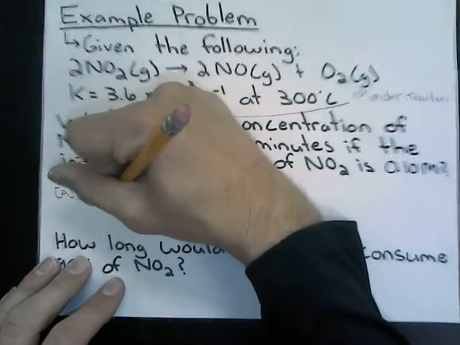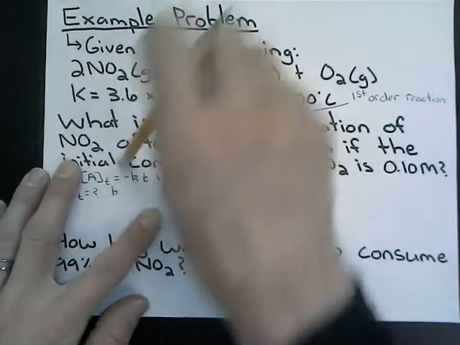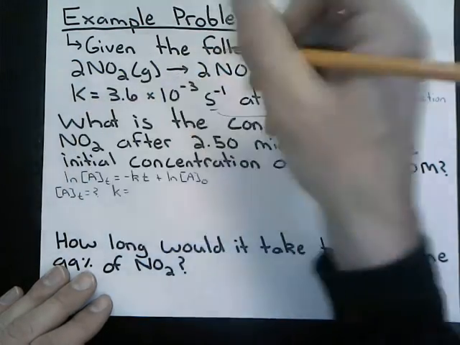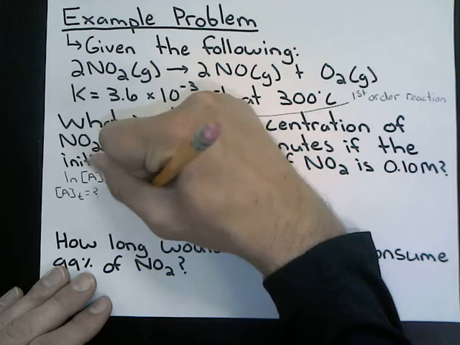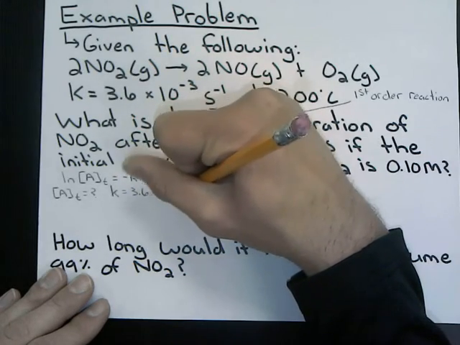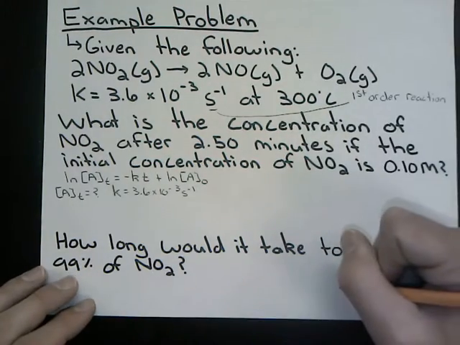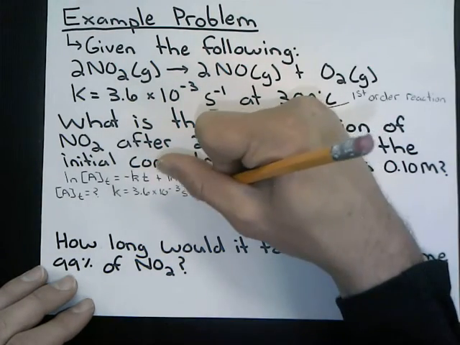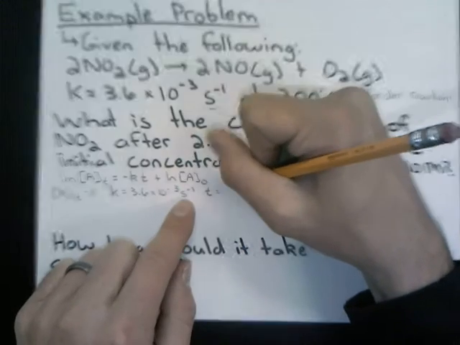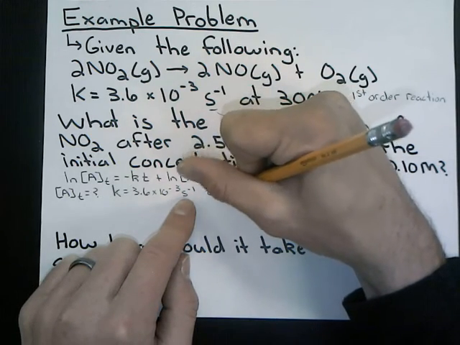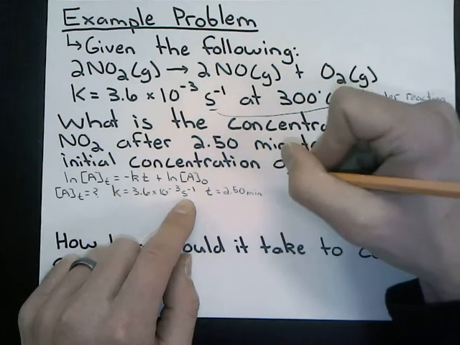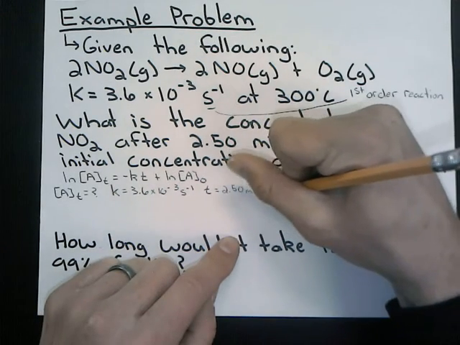Now, our K is given in the problem. So it's 3.6 times 10 to the negative third inverse seconds. Our t is 2.5 minutes, but look at our unit for K. It is inverse seconds. So 2.5 minutes needs to be converted to seconds.